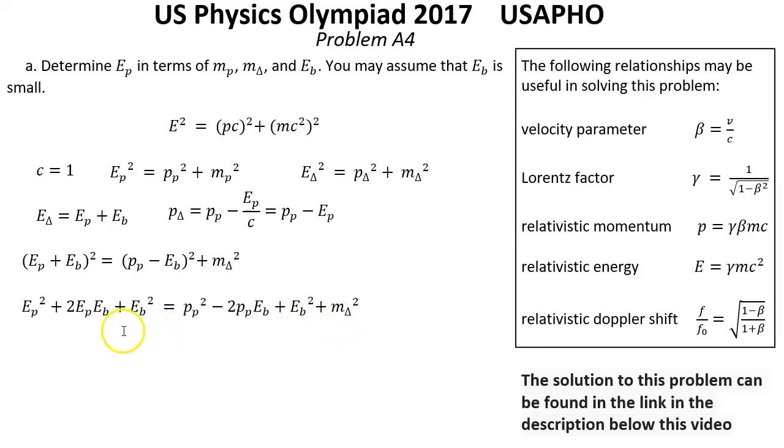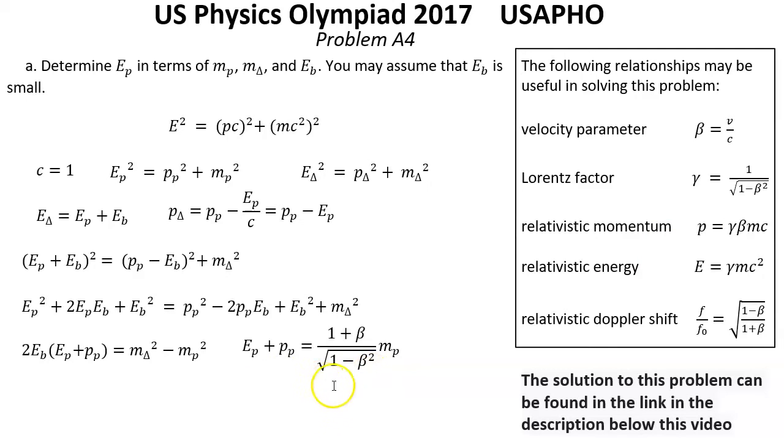E_b squared cancels from both sides, and now we can subtract from this equation the initial expression for proton energy, and that will give us this expression. Now we can express the energy and momentum of the proton using the relationships for relativistic energy and relativistic momentum, and we have this expression.